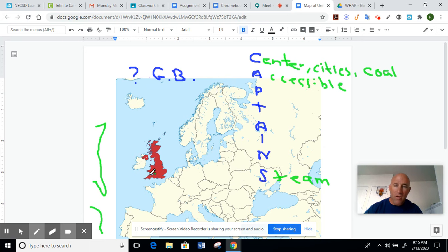Accessible because of railroads, movement of people, movement of goods. Accessible to markets. Because remember, what economic theory is driving the Industrial Revolution? Capitalism. Remember we talked about that last week, how it was being changed from mercantilism to capitalism.